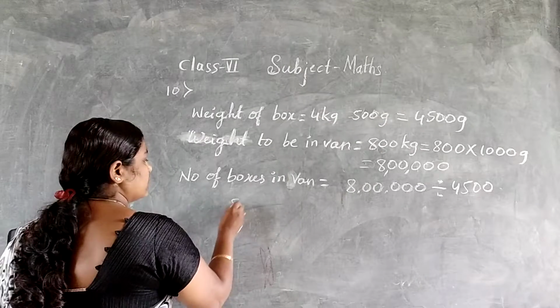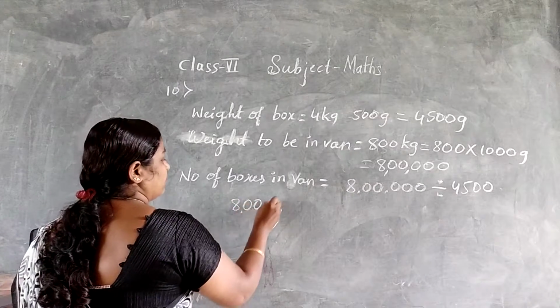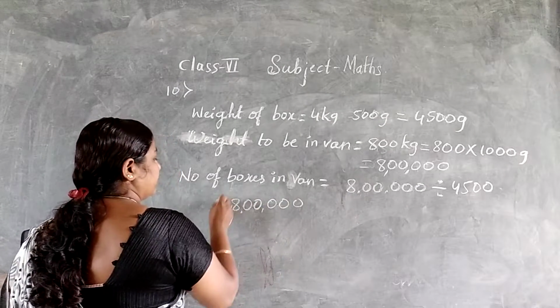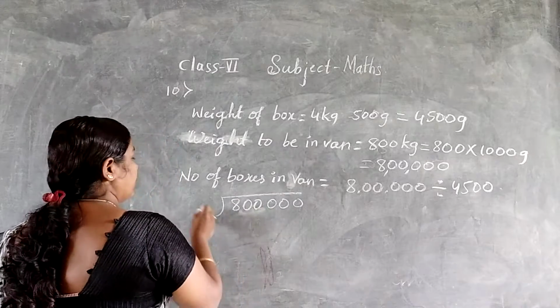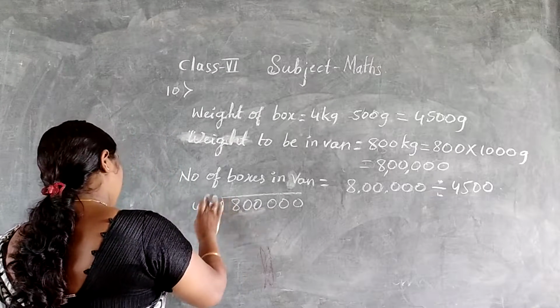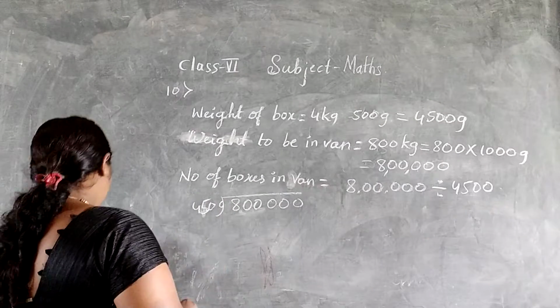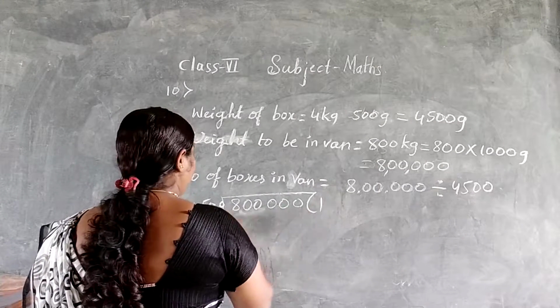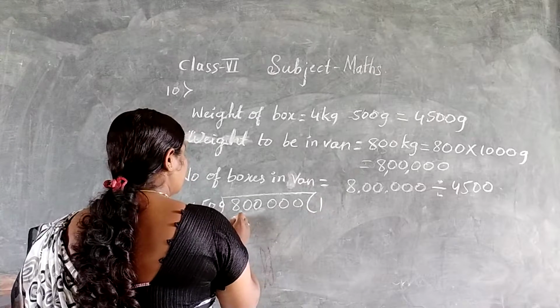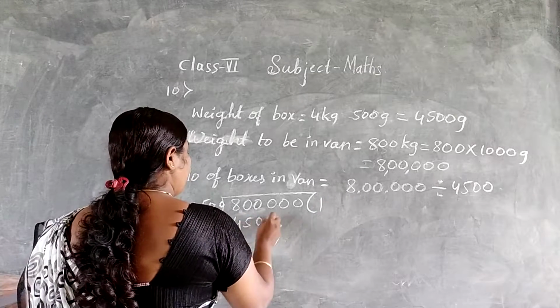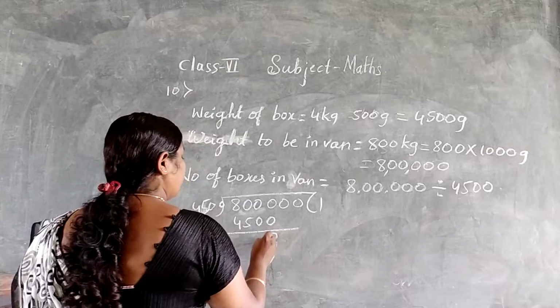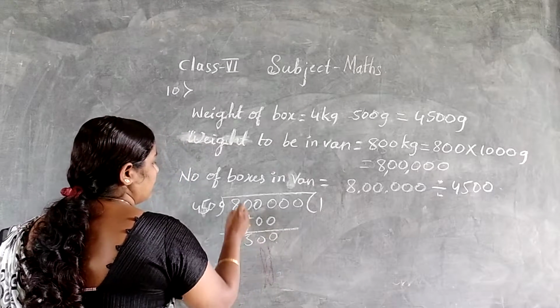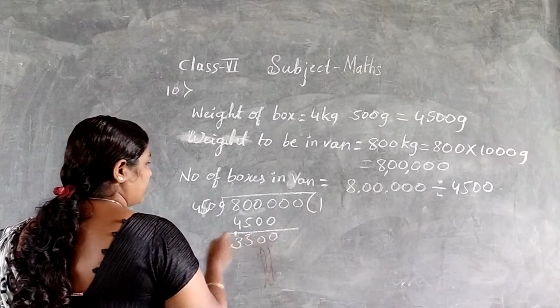So do it. 4500 ones are 4500. 10 minus 5, 5. 8 minus 5, 3.